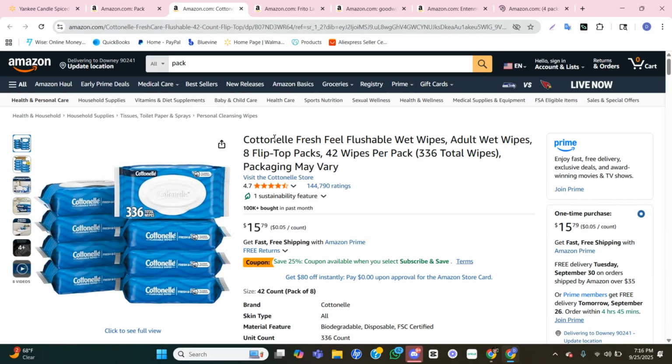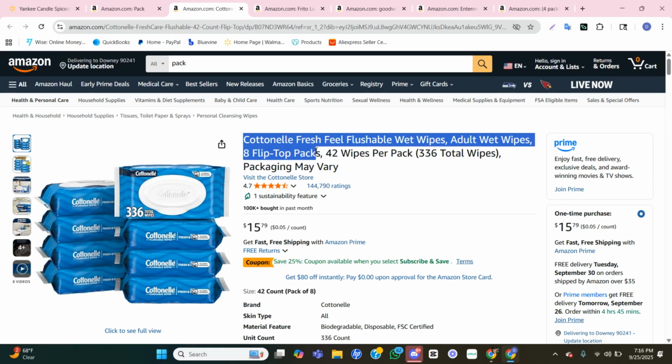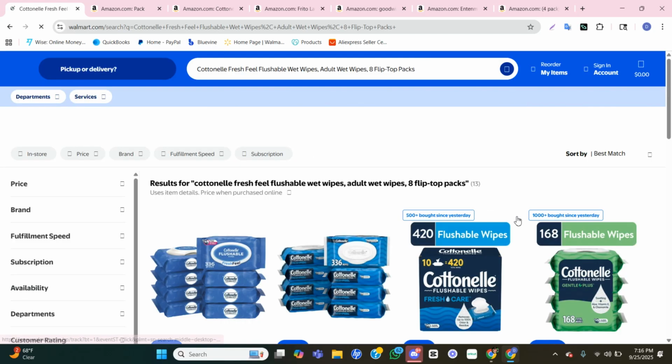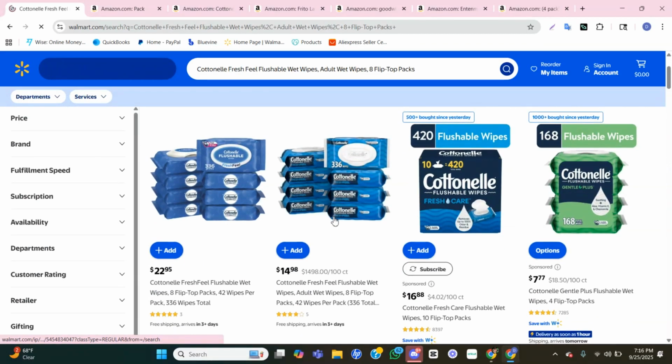So this one, Cottonelle Fresh Peel. So we will not put everything, you know, so only this one. And then the 336 total wipes, okay? So let's try this one. Okay, 336.